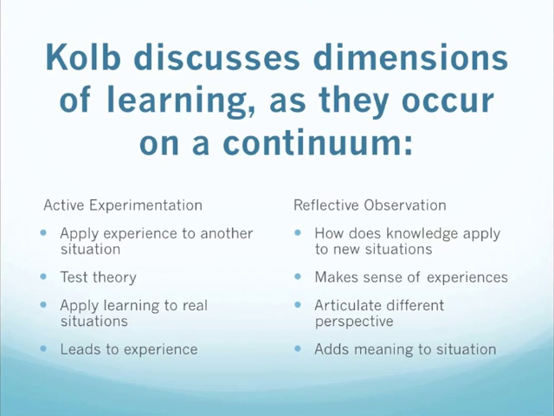Active experimentation, Kolb believes, leads to experience, and as the person gains experience in my field, they become a better nurse. The purpose of reflection is to figure out in your mind, how is this knowledge going to apply to new situations? Because we believe that nurses are fairly reflective learners, I spend time in my classroom saying, here's your patient with pain.